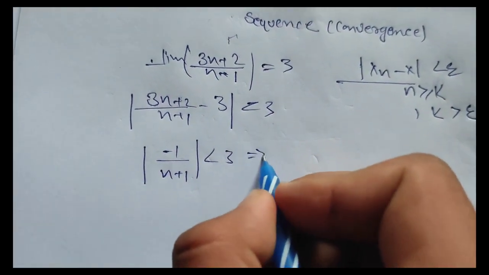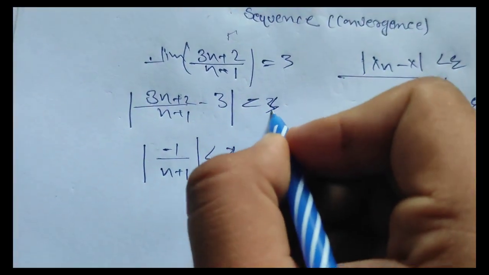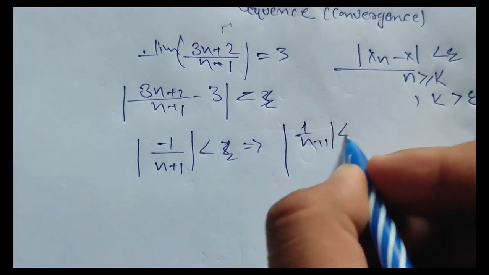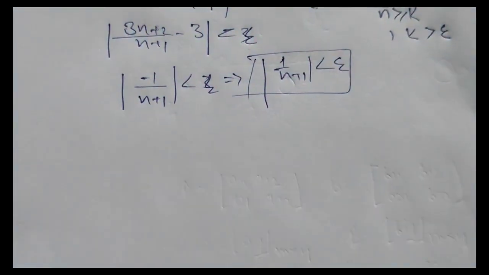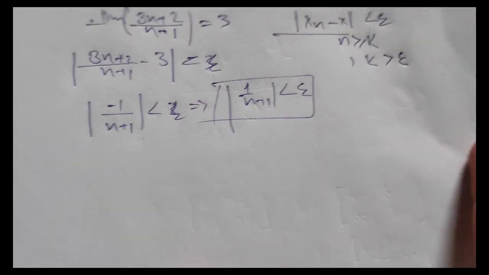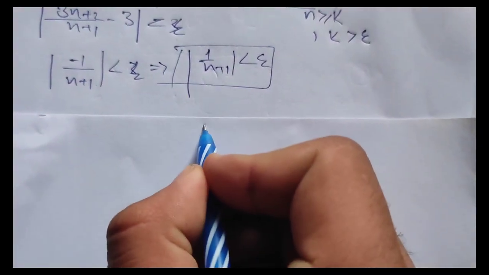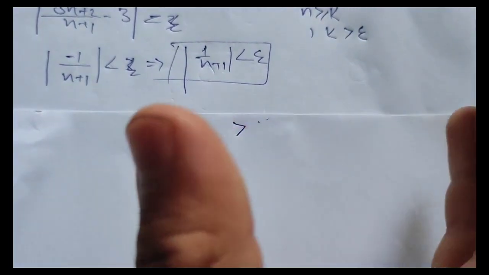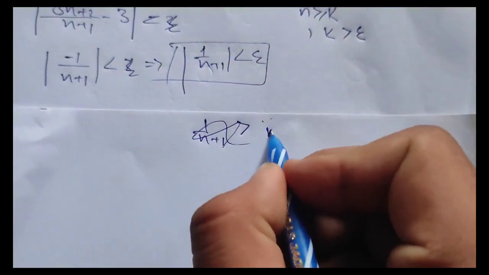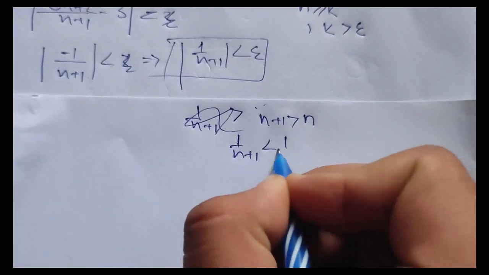We can say that the modulus 1/(n + 1) is less than epsilon. So basically we want to check whether 1/n is true or not. Now we know that n + 1 is greater than n, so 1/(n + 1) is less than 1/n.